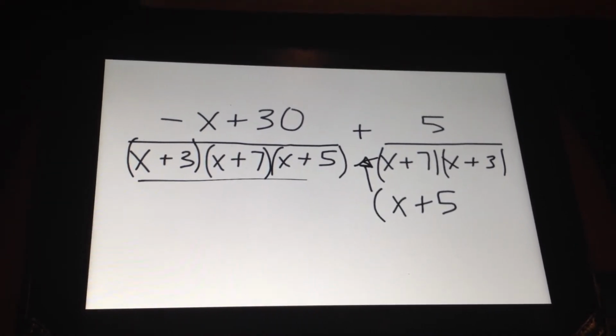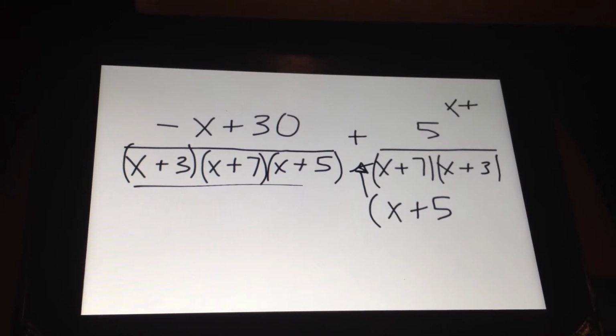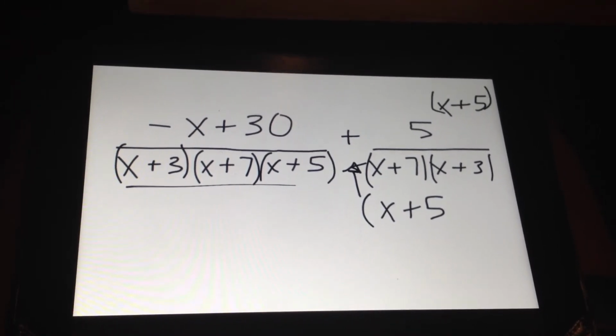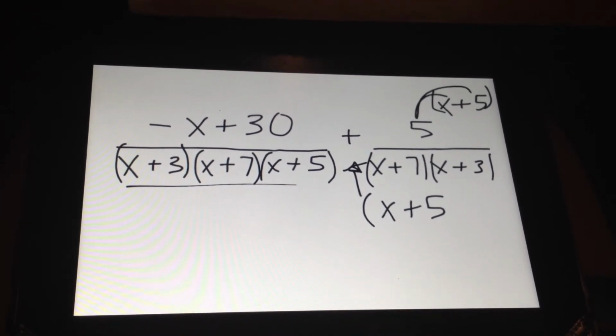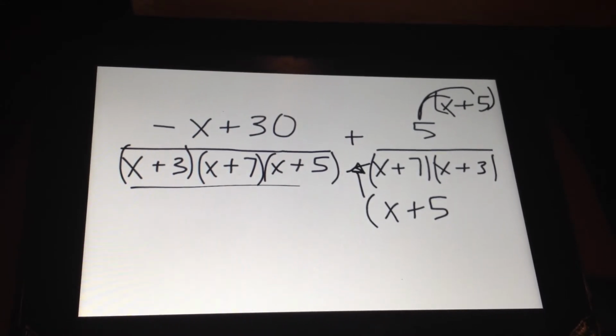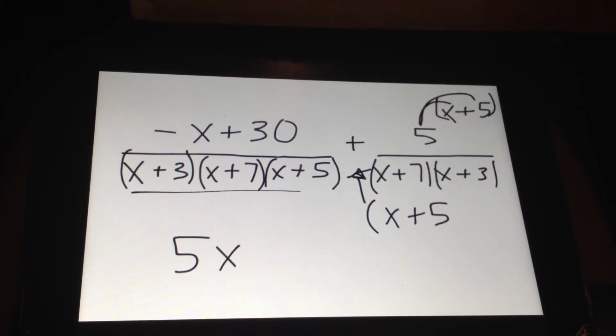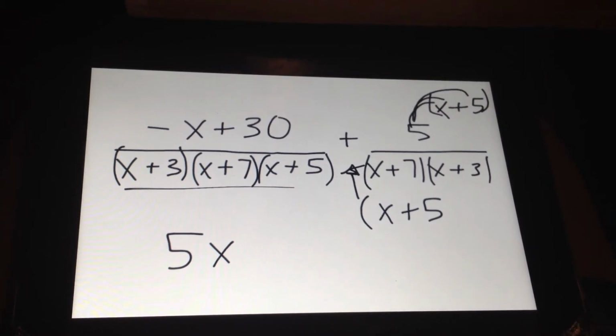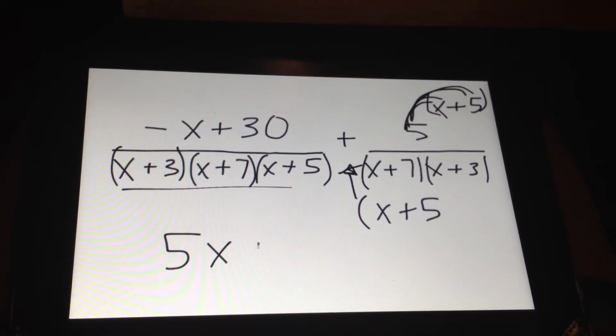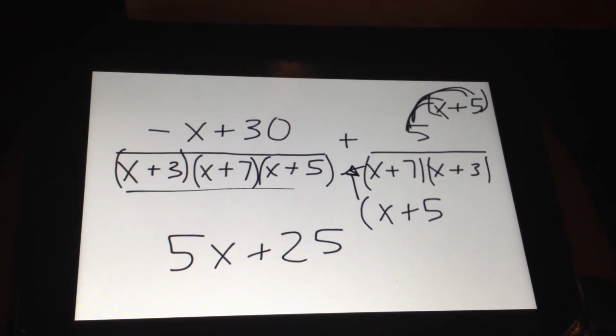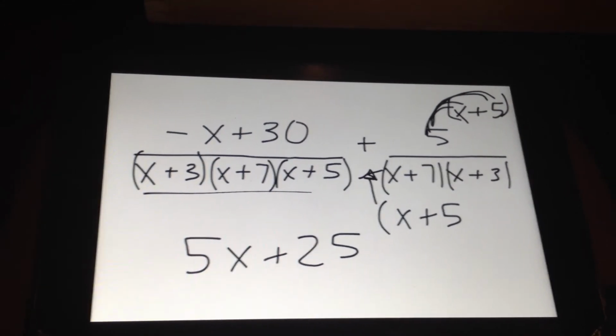And if I do it to the bottom, then I have to do it to the top. So now I distribute the 5 to both of these, and I end up getting 5x plus 25. So now I have that over top, the greatest common factor.